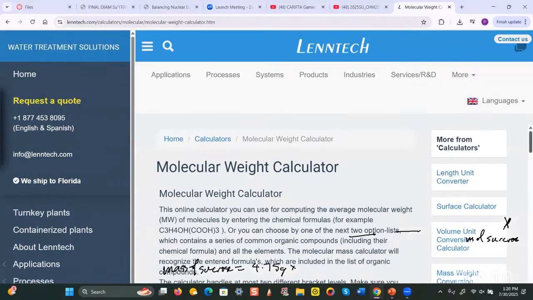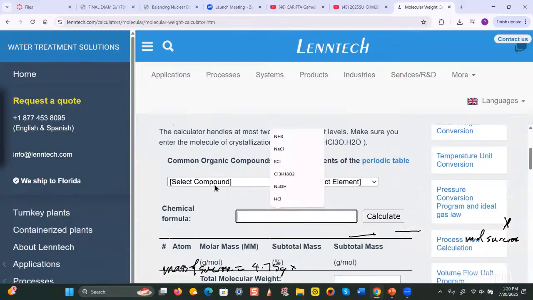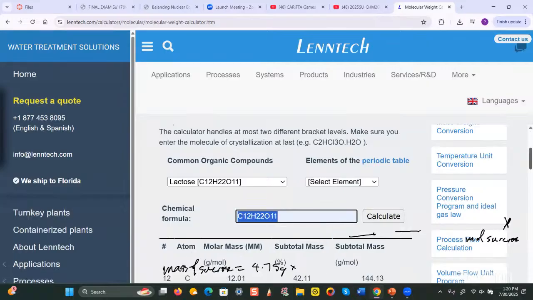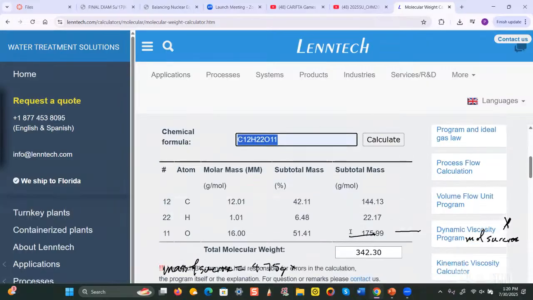The molar mass of sucrose is C12H22O11, and that's the formula, so 342.3. So basically what you're going to do here is multiply the moles by 342.3 grams per mole, and that will give you the answer.